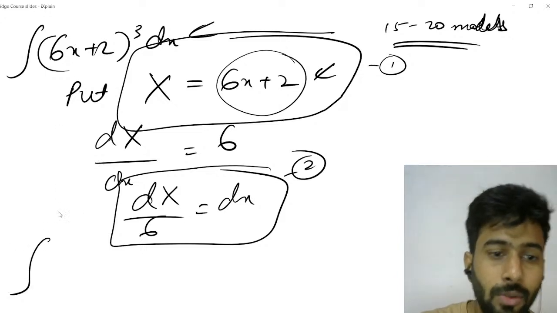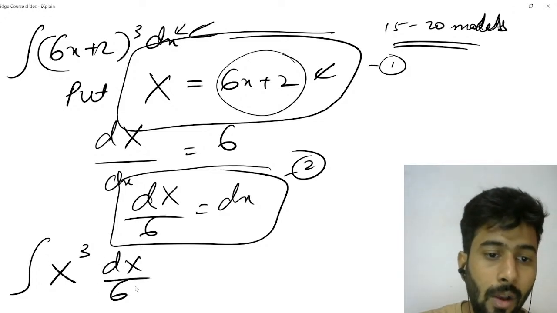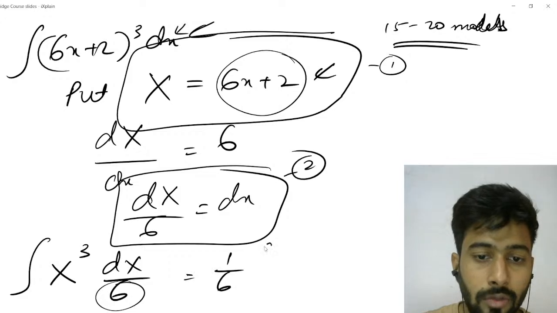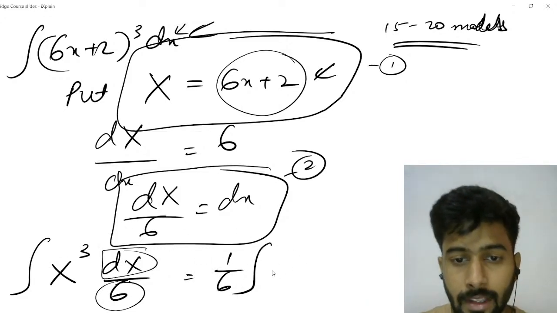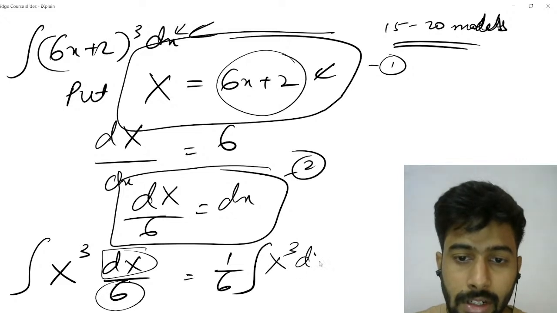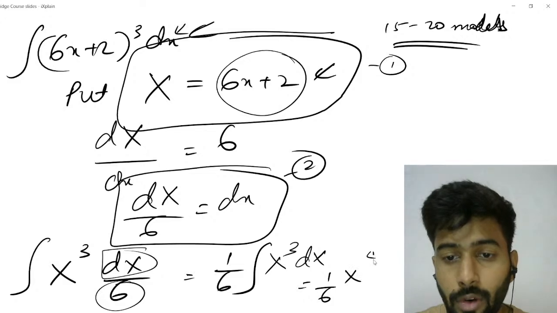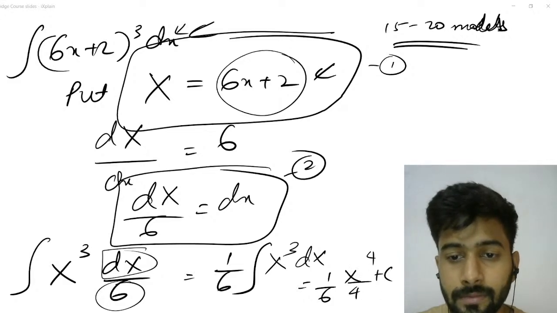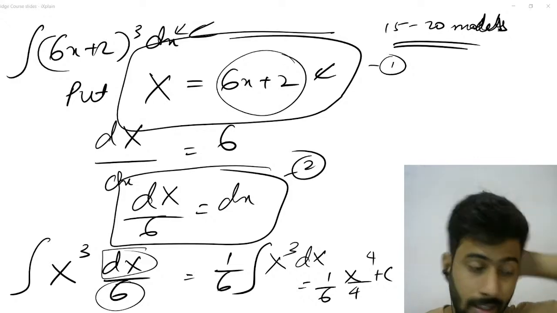So 6x plus 2 is capital X whole cube, and d small x is d capital X by 6. Once again, I can pull 1 by 6 out of the integral because it's a constant with respect to capital X. And then I'll get integral capital X cube d capital X, which is nothing but X power 4 by 4 plus c. Already discussed this formula with you.